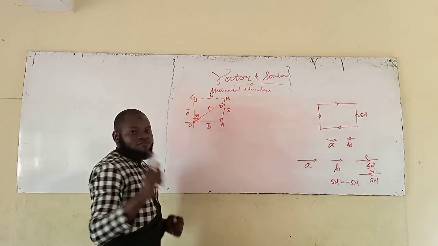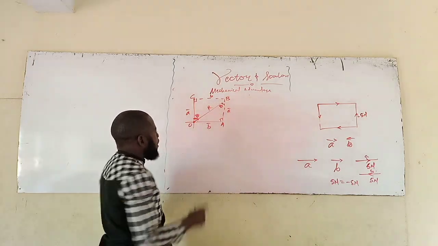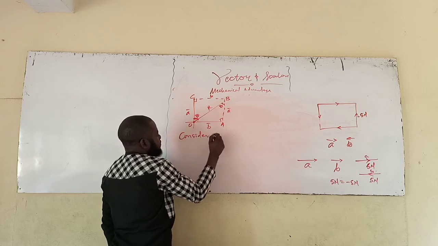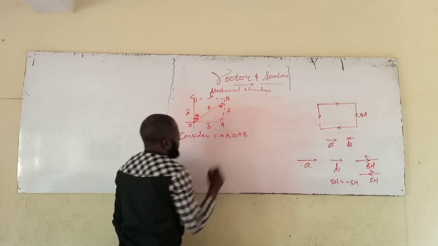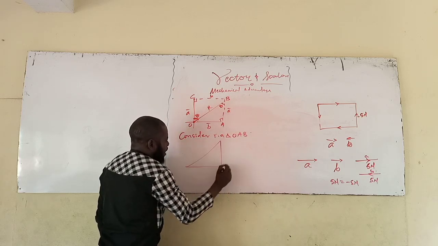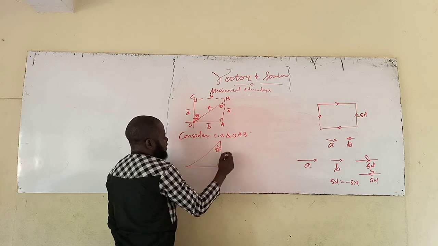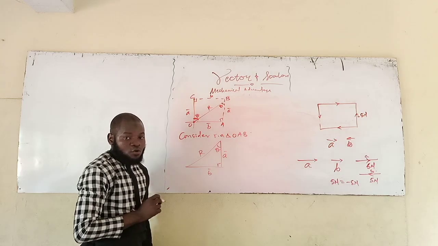Okay, guys? If that should be the case, I can consider any of these two triangles, but I'll consider right angle triangle OAB. So if you consider right angle triangle OAB, I'll be having my theta here, and this will be angle 90, this will be A, and this will be B. And this will be our resultant that we are looking for.